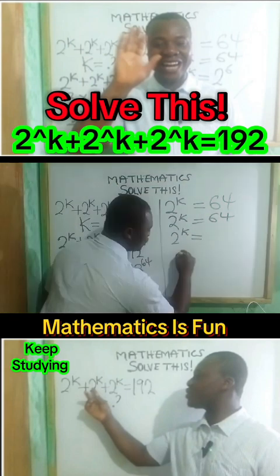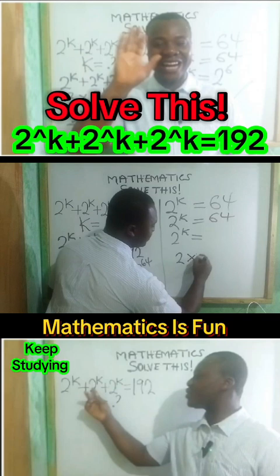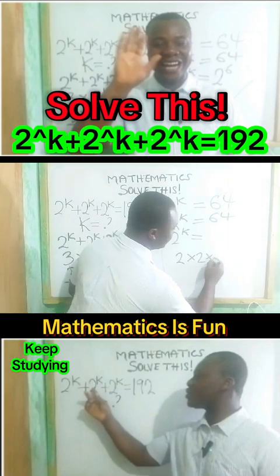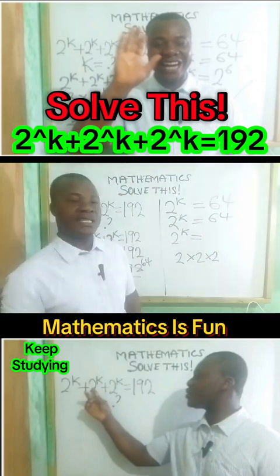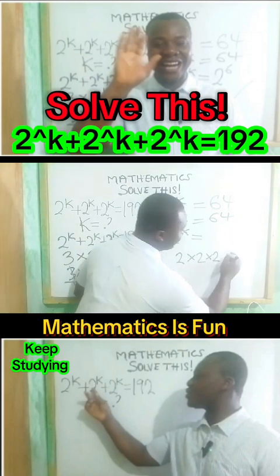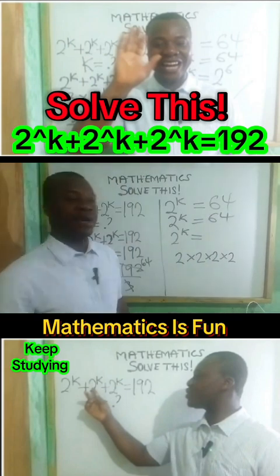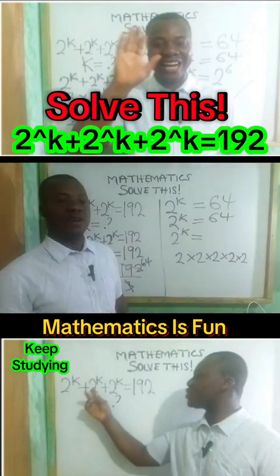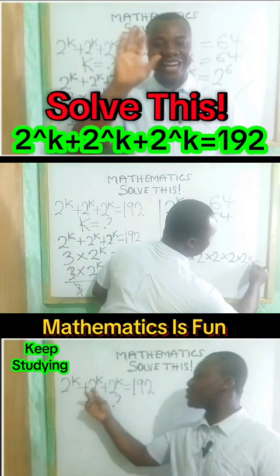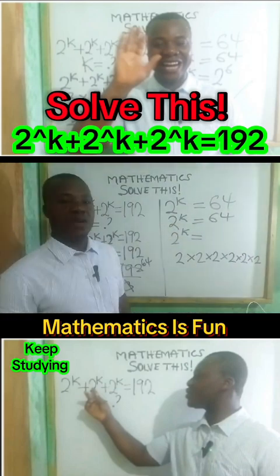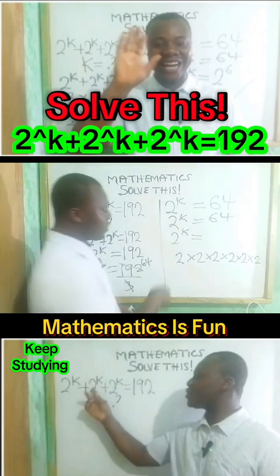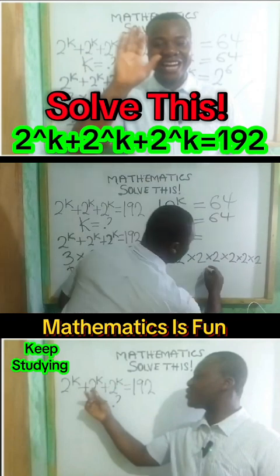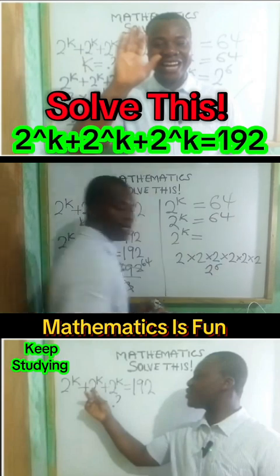So let's start. 2 times 2 will give us 4. 4 times 2 will give us 8. 8 times 2 will give us 16. 16 times 2 will give us 32. 32 times 2 will give us 64. So we have 1, 2, 3, 4, 5, 6. So at the end, it's going to be 2 raised to the power 6.